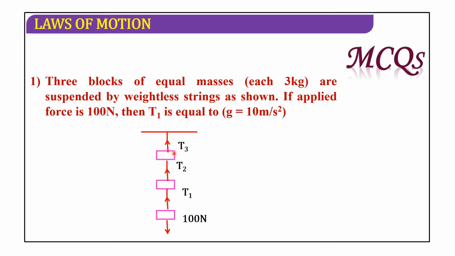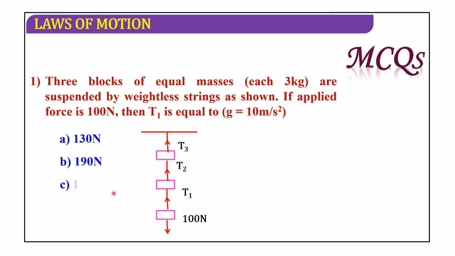See this, three blocks with tensions T1, T2, T3, and the three blocks have masses of 3 kg each, and we are applying a downward force of 100 newtons. The acceleration due to gravity is given as G equals 10 meters per second squared. We are calculating T1.